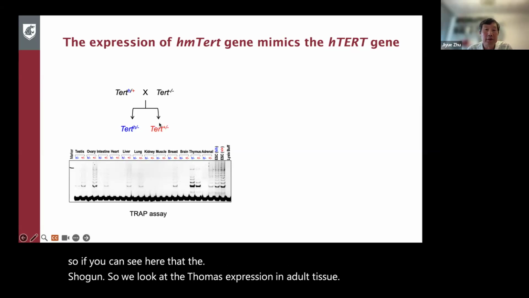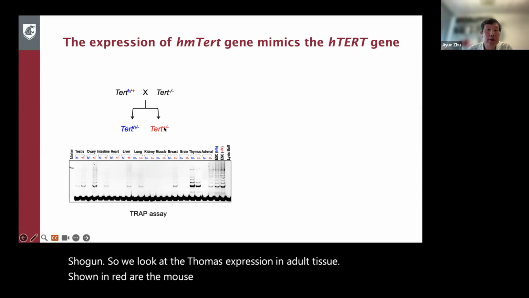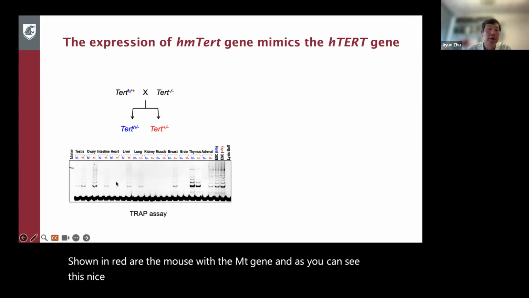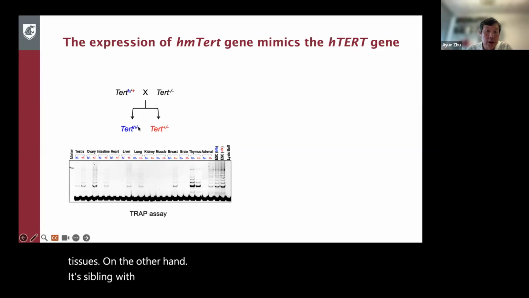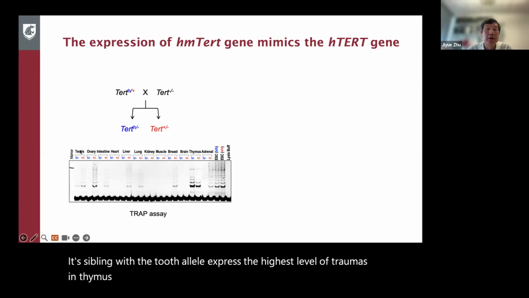Shown in red are the mice with the mTERT gene, and as you can see, these mice express telomerase in most of their adult tissues. On the other hand, their siblings with the hmTERT allele express the highest level of telomerase in thymus and a low level in testis.